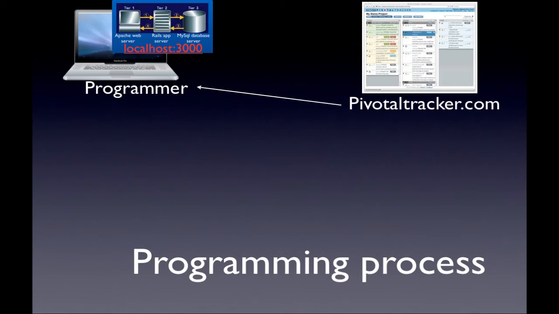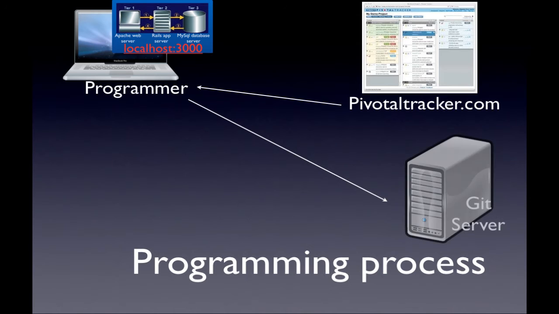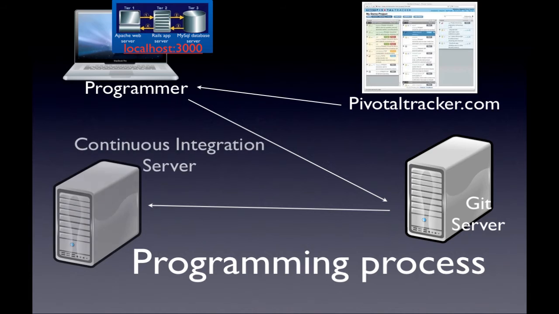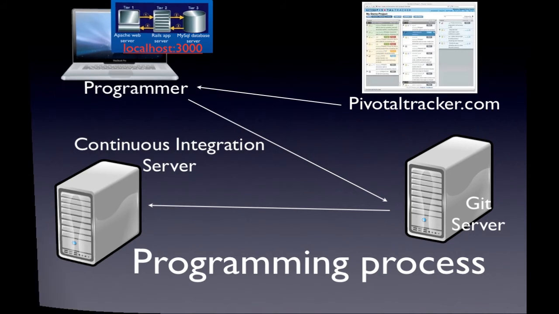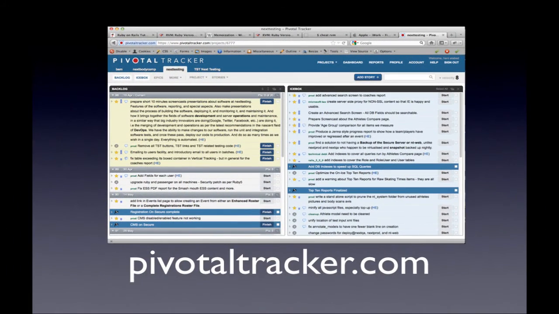When they're done with it, they commit it to the Git repository. When that task has been committed to the master branch, the Git repository immediately triggers the continuous integration server to run all the unit and integration tests that we have.